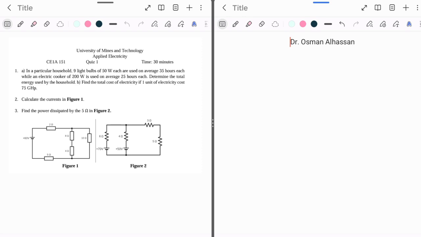For example, I've solved quiz 1 for MA, meaning mathematical students, and then quiz 1 also for information system students.